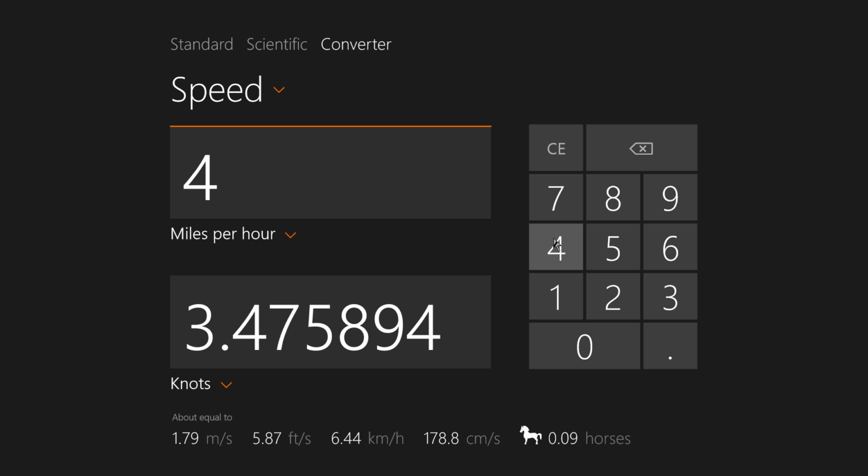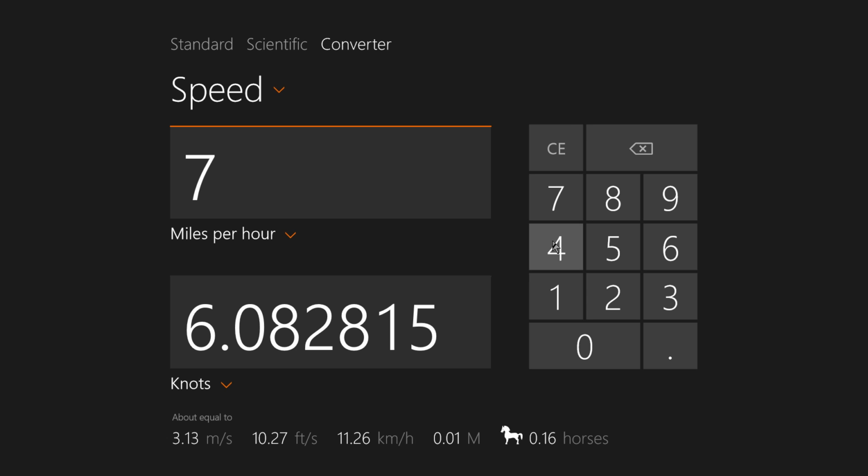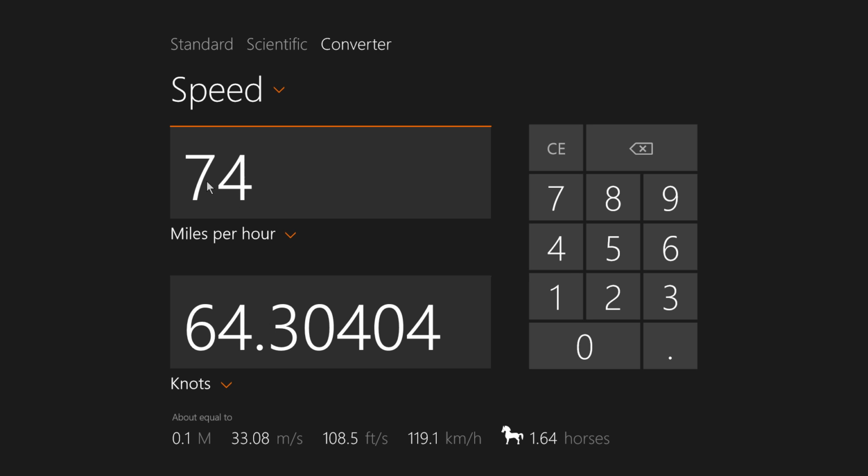Well, I guess something got missed there somewhere along the way. So let's clear everything. 74 miles an hour is a minimal force hurricane if the wind is sustained at that speed. That is 64.3 knots.